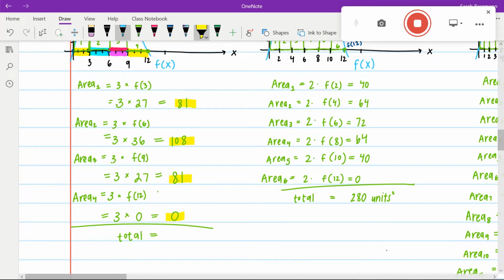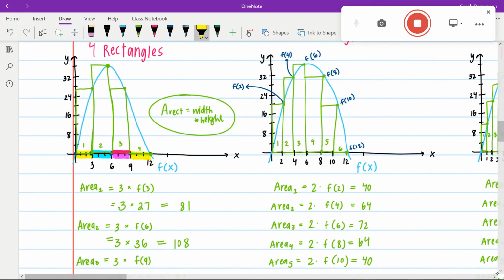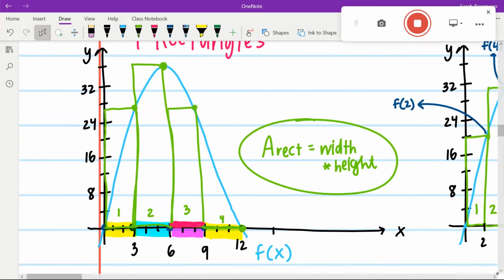You're adding up the area of all 4 of your rectangles. When you do that, you should get 270. And we can go ahead and say this is units squared. So the approximate area that we got under this curve is 270 units squared.